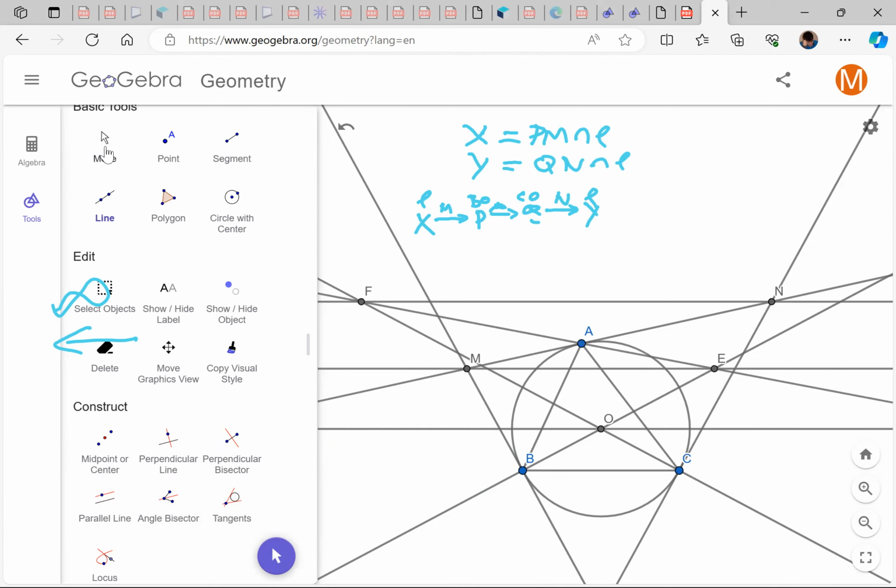Now what happens is we project the point at infinity on L through M to BO to get E. Infinity goes to E. E goes through A to CO, which is F. And F goes through N, parallel as well, to the point at infinity.